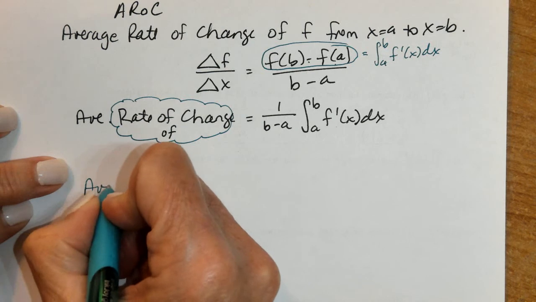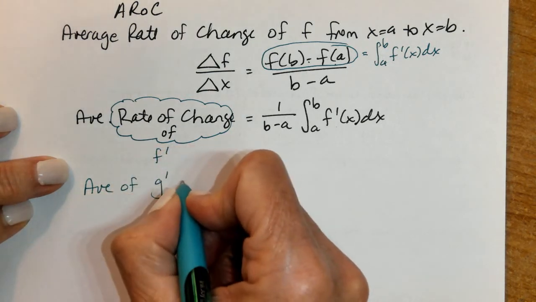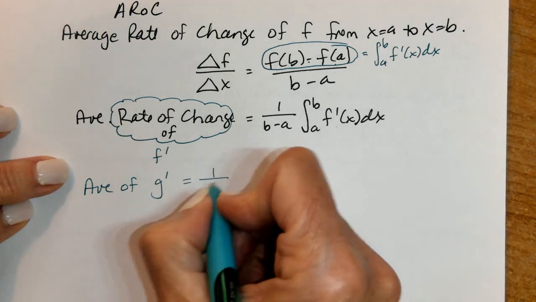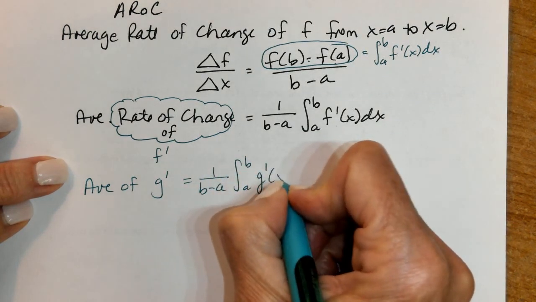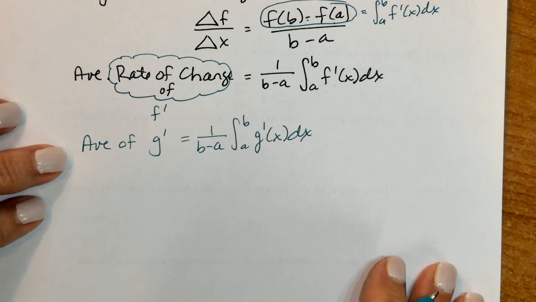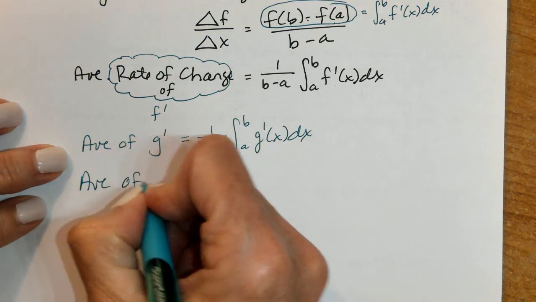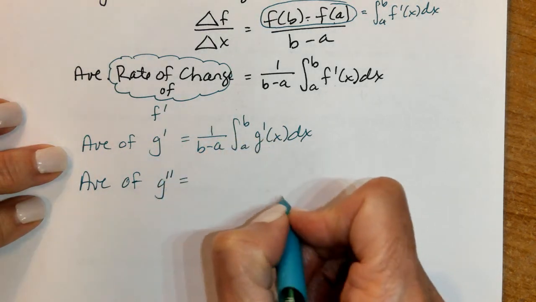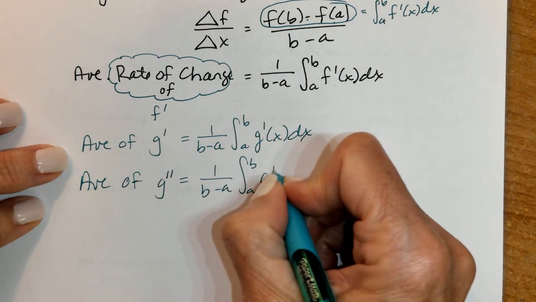So what would the average of g prime be from a to b? The average of g prime would be this, right? The average of h prime would have an h prime over here. What about the average of something else? What about the average of g double prime? What would that be? Well, that would just have a g double prime over here.